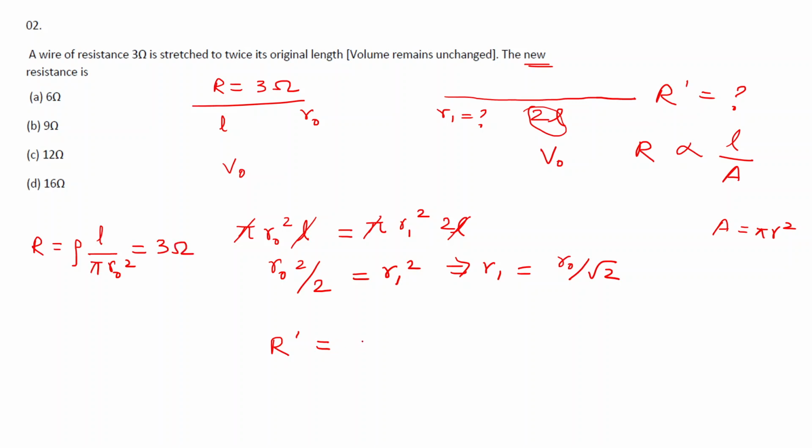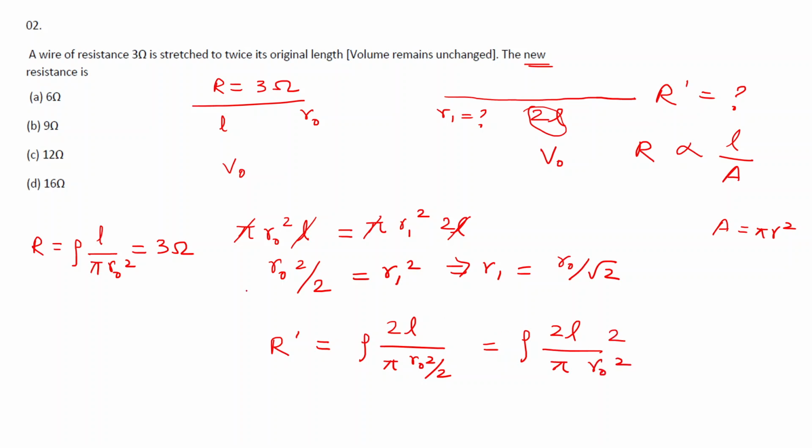Now the new one will be resistivity, length is 2 times L and area is pi r1 square, and r1 square is what? R naught square divided by 2. If I rewrite this, it will become 2L divided by pi, well, R naught square over 2 means 2 R naught square.